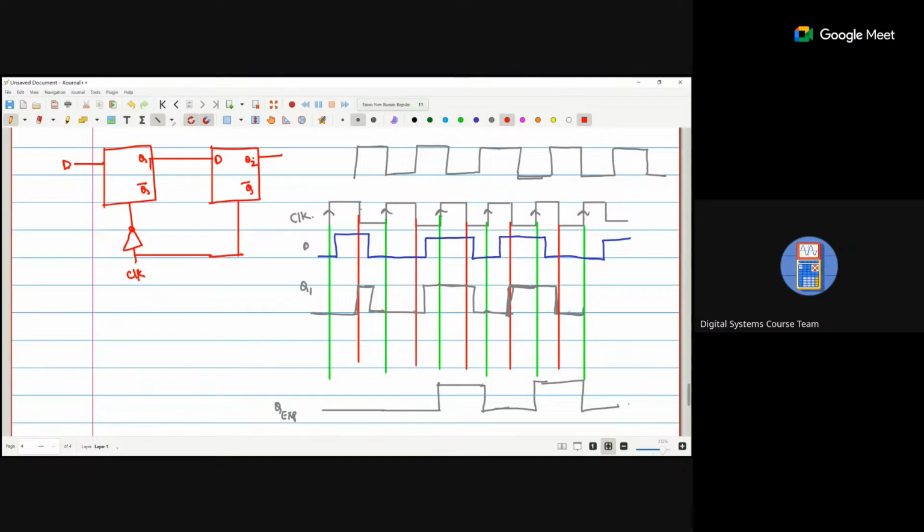So when the clock is 1, the data is 0, so Q2 is 0. In the negative, no change. Again in the positive, the data is 0. Remember that for Q2, this is your input data, not this one. For the negative, no change.